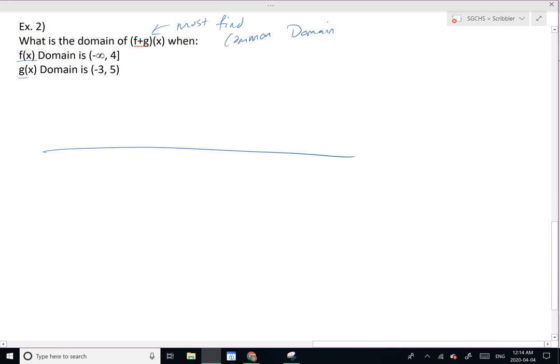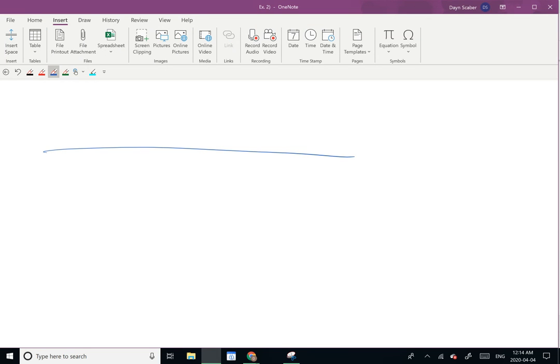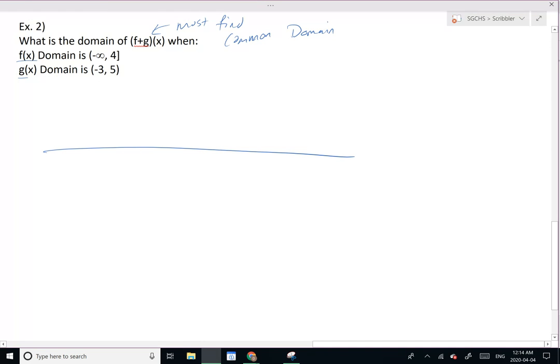So again, let's draw a number line so we can visually see this and see what's in common. So for f of x, it's going to be in green, and its domain starts at positive 4 here. It can equal it because it's a square bracket, okay? And then it can be any number to the left of it going to negative infinity.